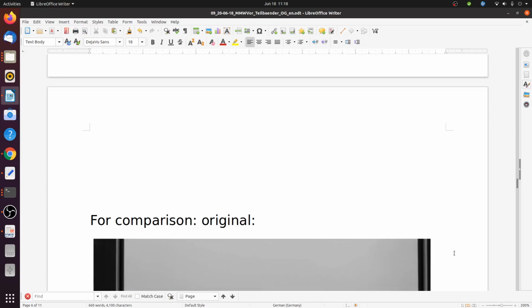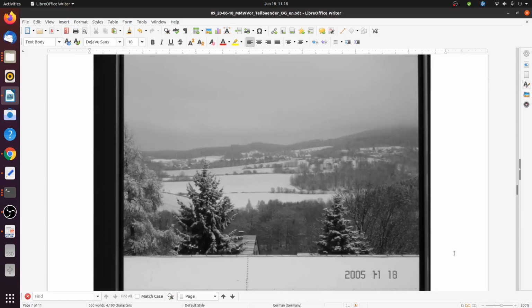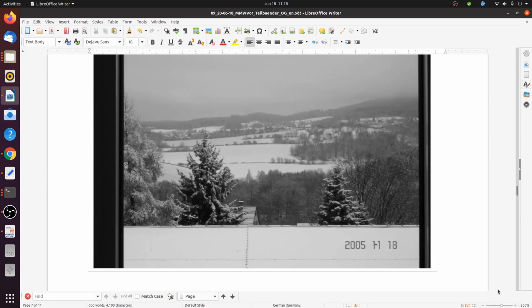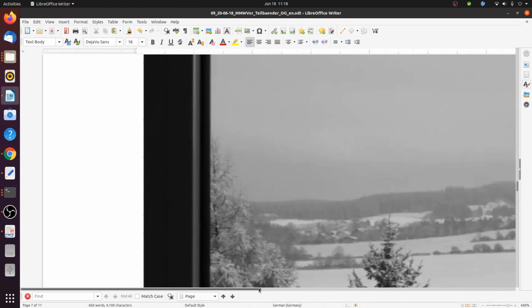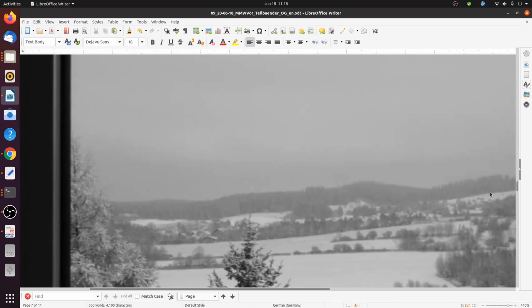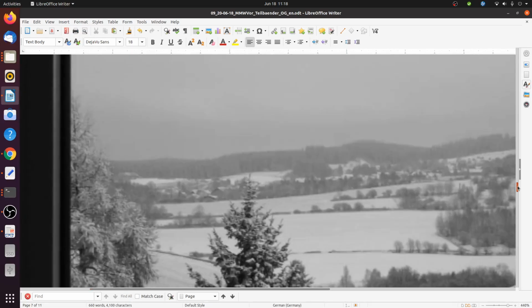Okay. So here as a comparison is the original. So this contains much more detail, which you also can see when you zoom in. So this zooming in is always a good trick to compare images. But when you do actually lossy compression, you assume that you don't zoom in, right? That's part of the assumption.